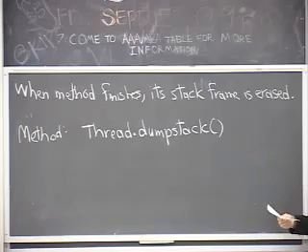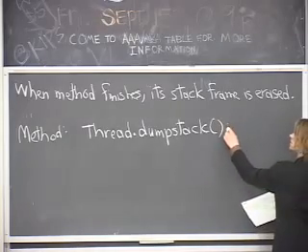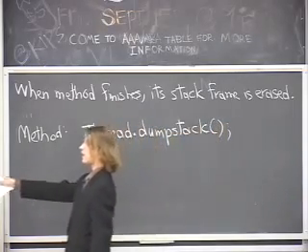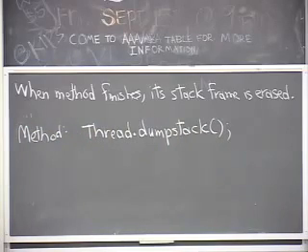And when you do, it prints a list of all of the stack frames that are on the stack at that moment. So if you're wondering, how on earth did my slist node constructor get called, then you can always call Thread.dumpStack from inside the constructor, and it'll print out a list of all of the methods in order that were on the stack, so you can see how it got called and how we got there.